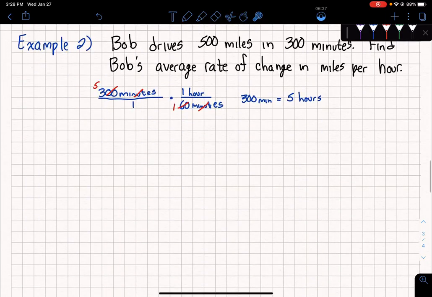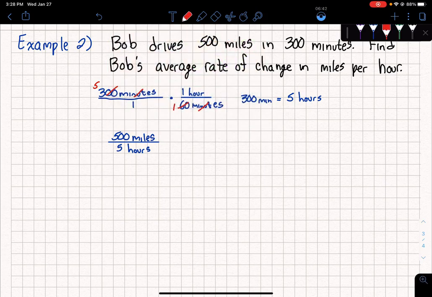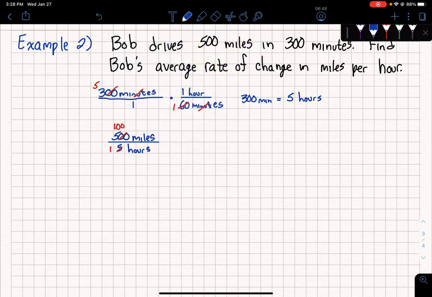So we're going to write this as 500 miles per 5 hours. And we can see here that this fraction can also be simplified. We can factor a 5 out of both terms. We factor a 5 out of this, we get 100. We factor a 5 out of this, we get 1. And we find that Bob was driving incredibly fast at a rate of 100 miles per hour.